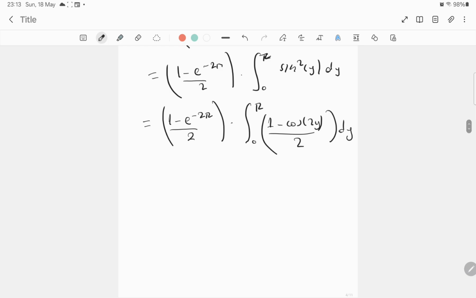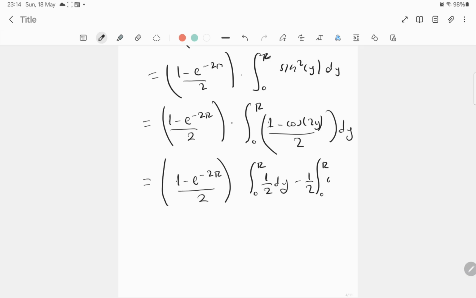I use this trigonometric identity for the integrand of this integral here, and here I can split the integral from 0 to pi into 1 over 2 dy minus 1 over 2 times the integral from 0 to pi of cos 2y dy.